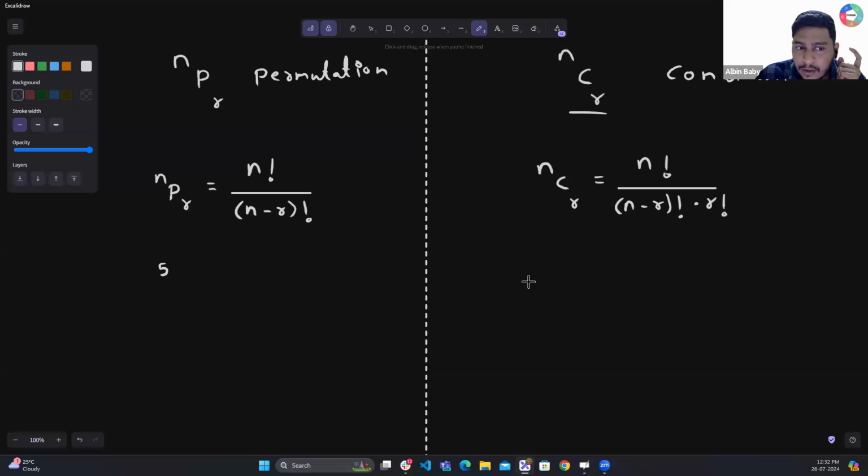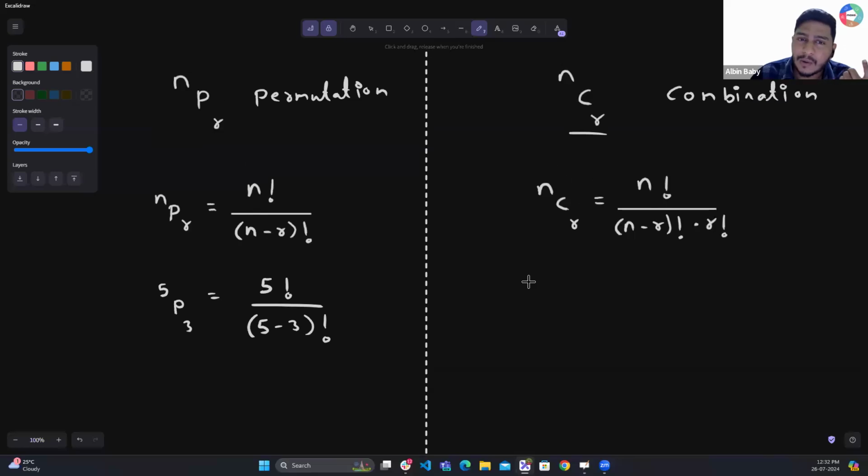Five. And how many positions were there? First, second, third, so three medals. So it will be 5P3. If you substitute it into this formula, it will be 5 factorial by 5 minus 3 factorial. Substitution is clear?